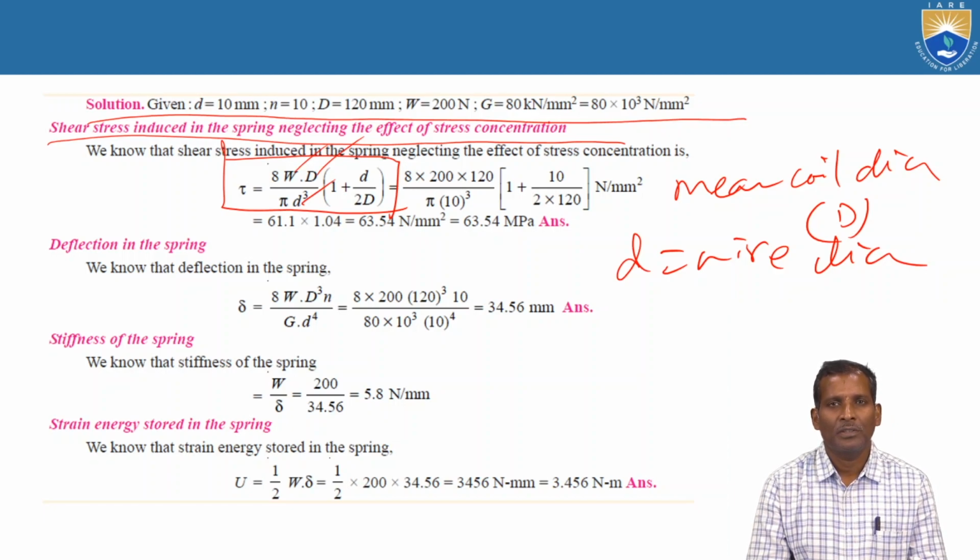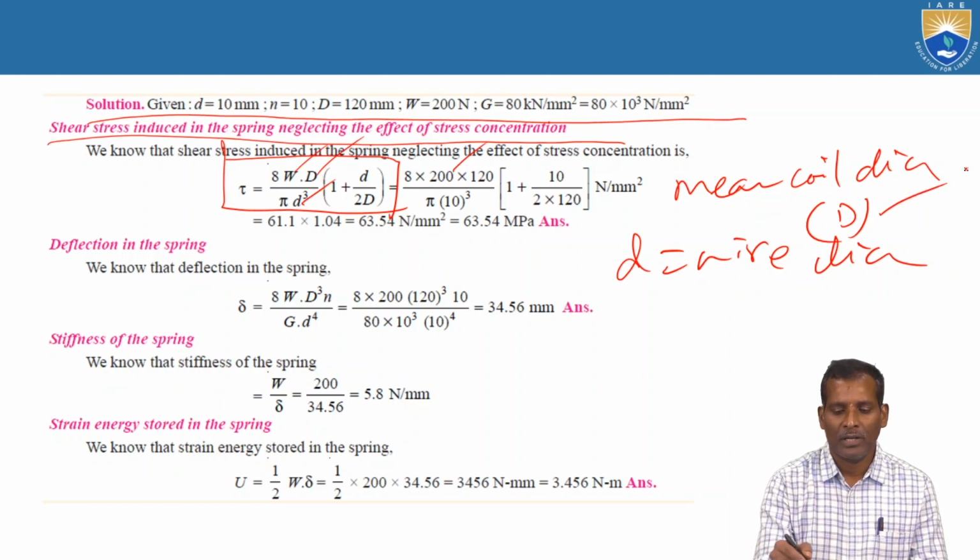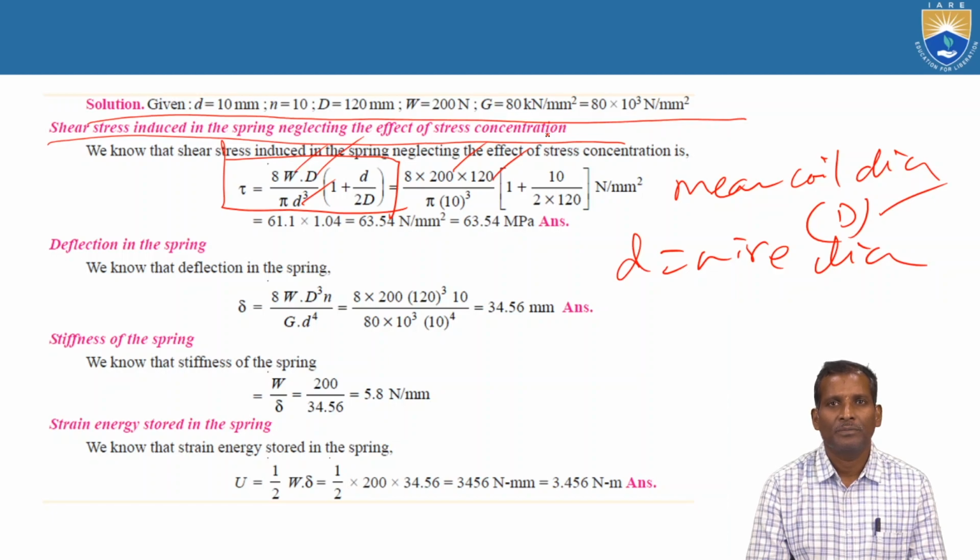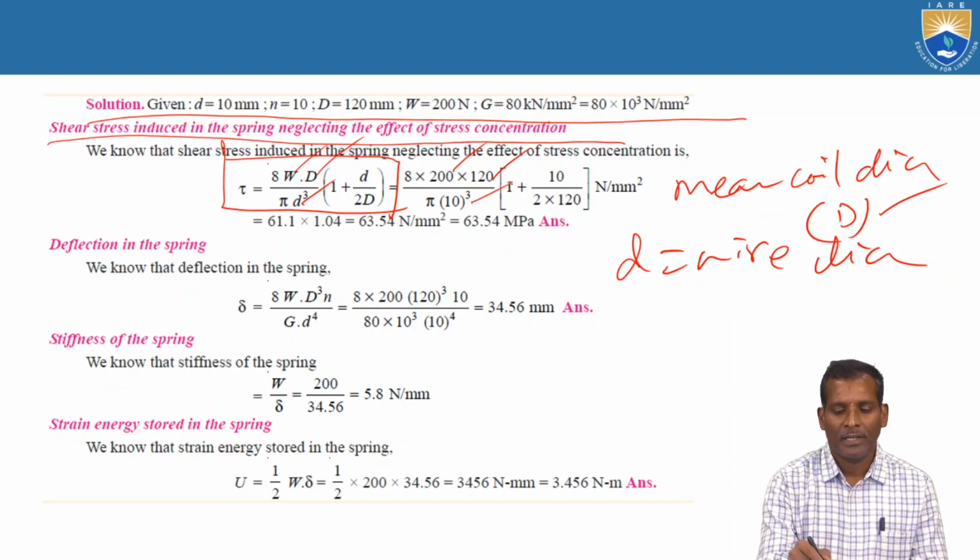So substitute those values in this equation. W is 200 newtons, capital D mean coil diameter 120, small d 10. Calculate after simplification.